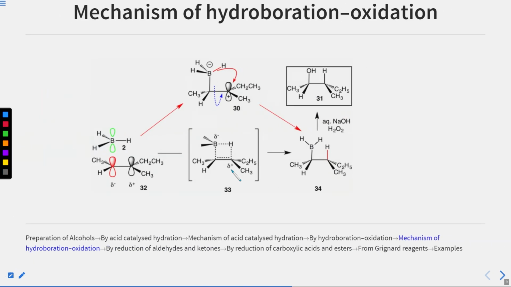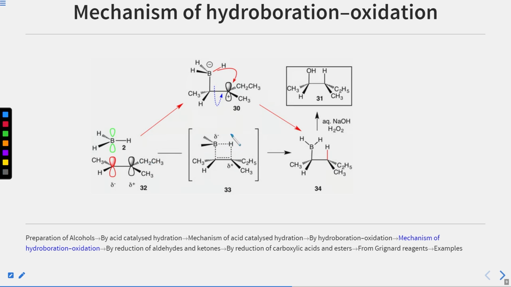So here is our mechanism. You can look here that in this mechanism there is no formation of a carbocation. It is just a concerted mechanism. Concerted mechanism means what? Addition and breaking of bonds are occurring at the same time, similar to our SN2 reaction, in which we said that bond breaking and bond forming both take place at the same time.